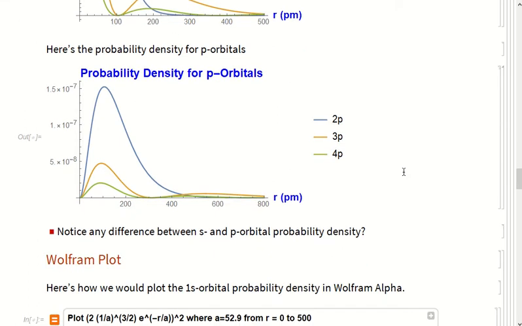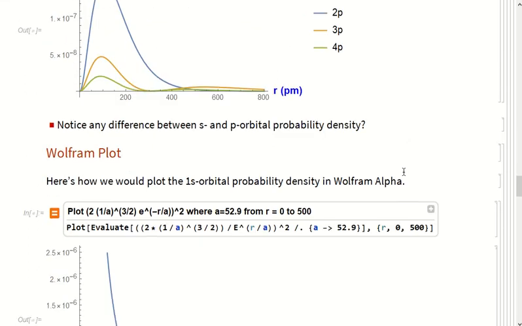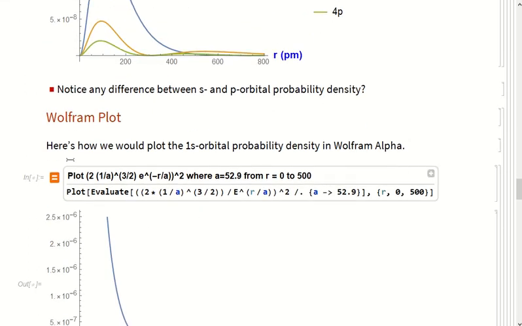Now, if you want to plot these in Wolfram Alpha or in the Wolfram Cloud, it's actually pretty simple as long as you have the correct functional form. So here's the equation, and we're looking at just hydrogen here, so Z is equal to 1 as noted earlier. So this is hydrogen. The a corresponding to the Bohr radius has to be entered in order to plot it, and that's equal to 52.9 picometers. So the scaling here is going to be in picometers.